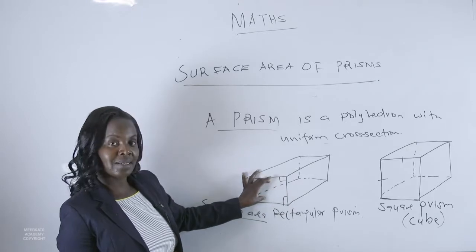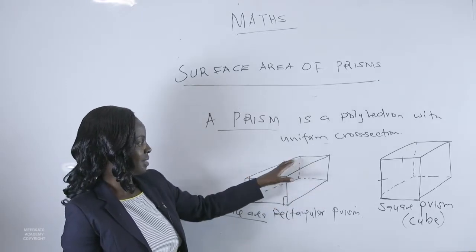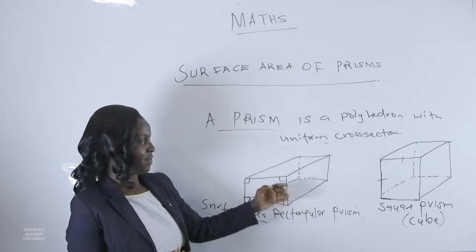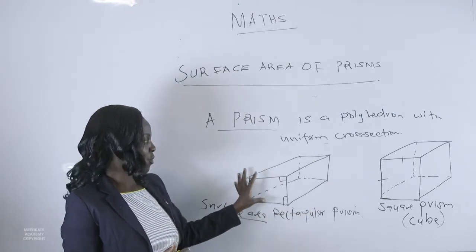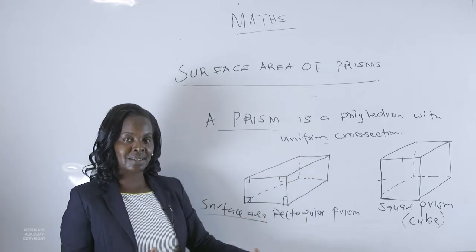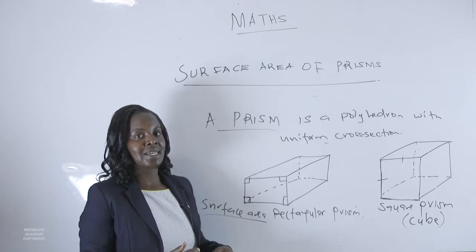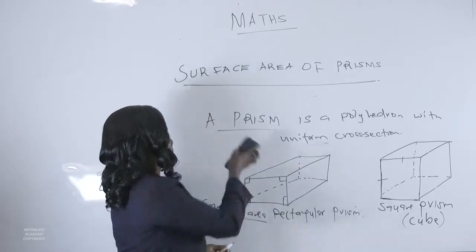This is one face, this is another face, this is another face, this is the other, we have at the bottom another face, and the other side another face. So if we calculate the areas of all these faces and add them together, what we get is the surface area.